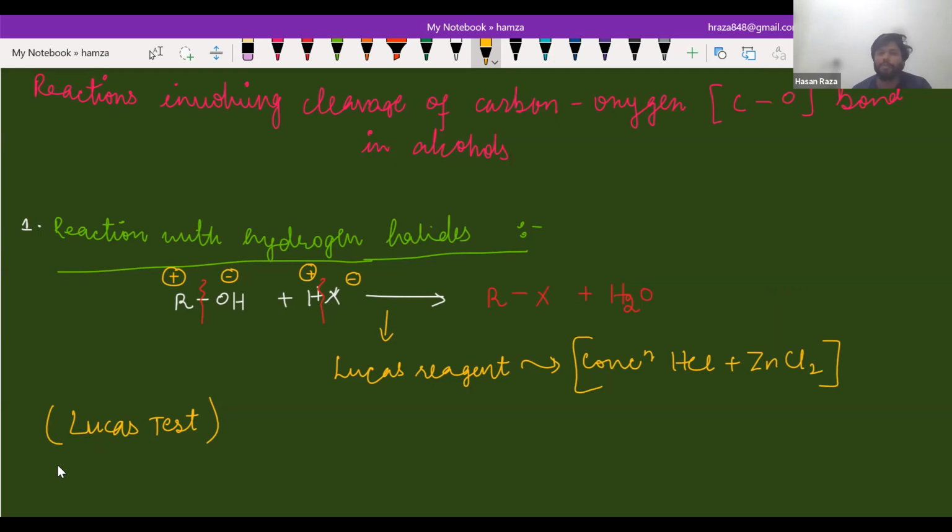There will be formation of turbidity, and in terms of turbidity we can know the degree of alcohol. So first you are going to write it.